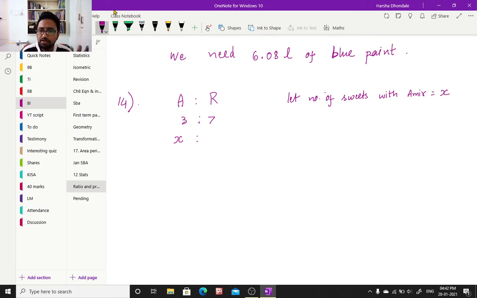Amir has X. 52 more than X is 52 plus X. Now I can equate this ratio. 3:7 is in proportion with X is to 52 plus X. This is how many sweets do they get each.